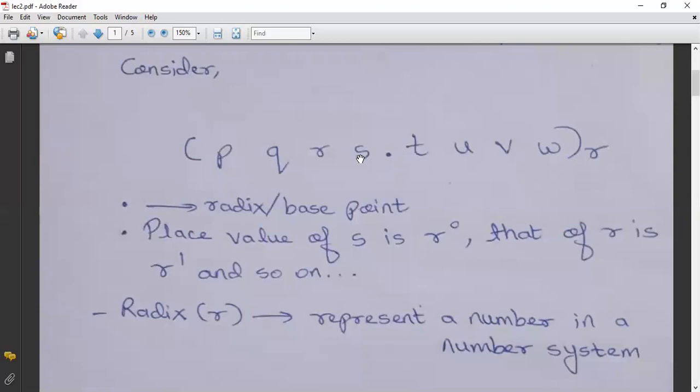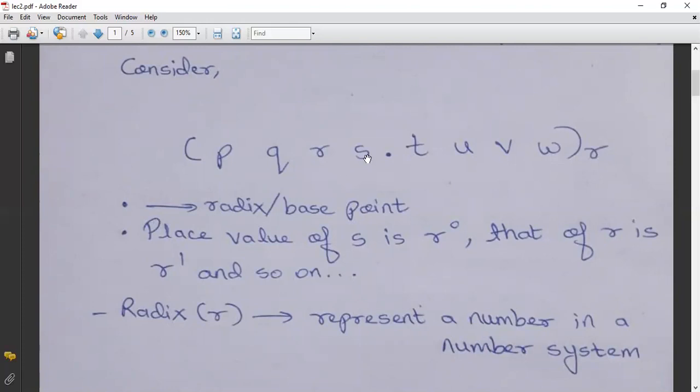Okay, so how are we going to read this example? To the left of the radix point, we have this term called S. So we are going to define a place value and its face value. The place value will be R raised to 0. Why R? Because R is its radix or base.